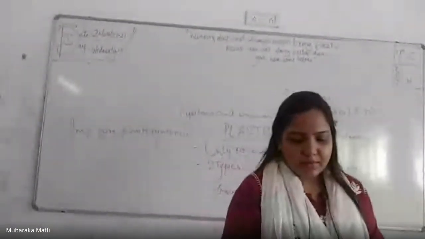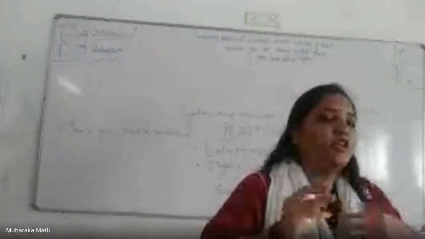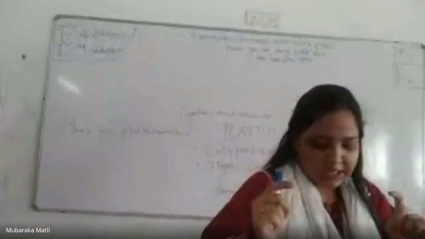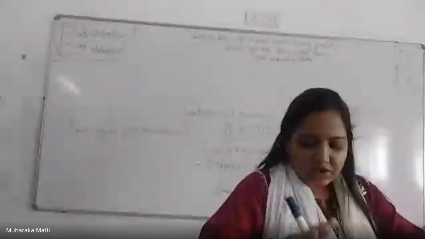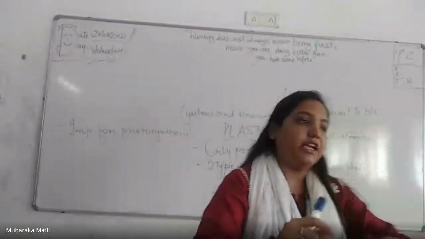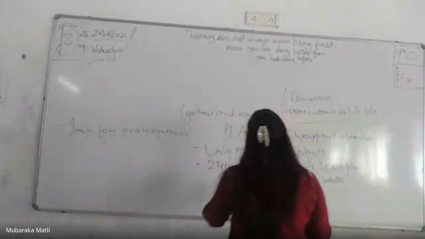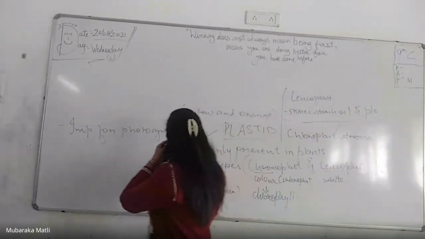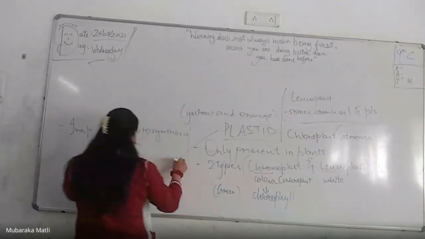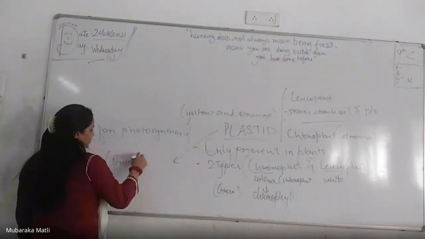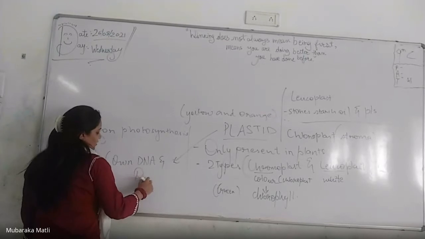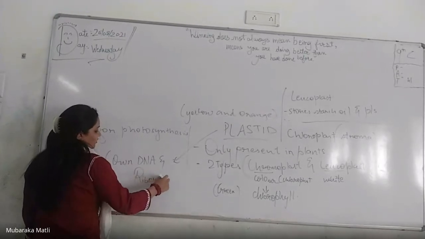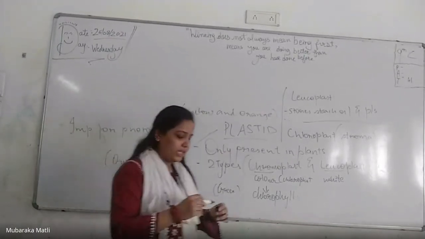Okay. These are similar to mitochondria in the external structure. How do they look? They look like mitochondria. And like the mitochondria, plastids also have their own DNA and ribosomes. So one particular thing about plastids is DNA and ribosomes. Chalo, let's revise it once again.